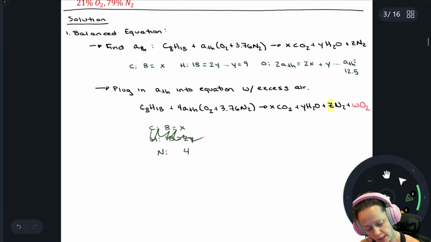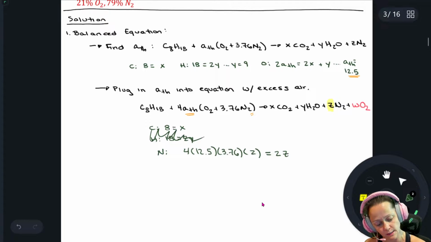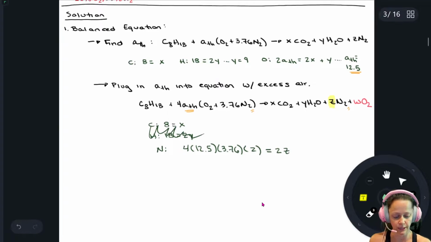I have 4 times my ATH, and my ATH is 12.5. So 4 times 12.5 times 3.76 times 2, because there's a 2 there, equals 2 times Z, because there's a 2 on the right-hand side.